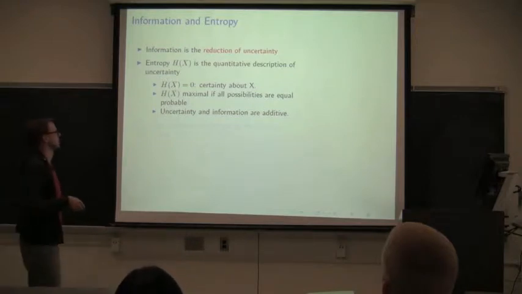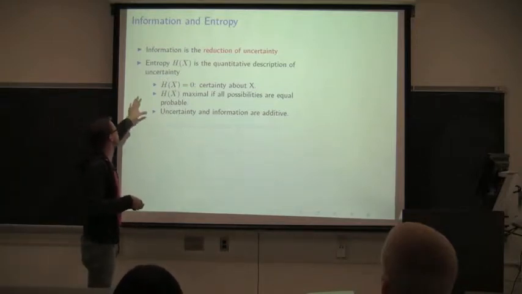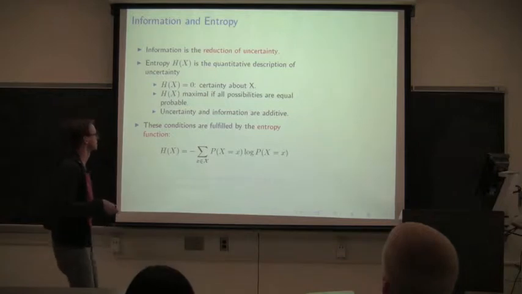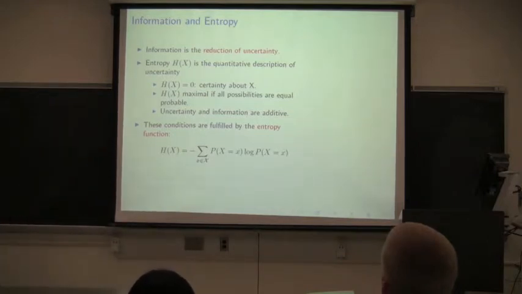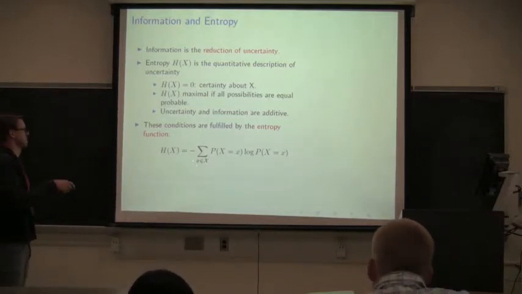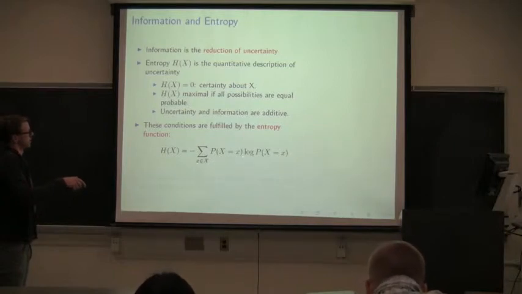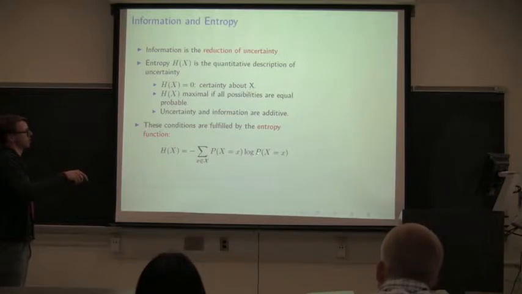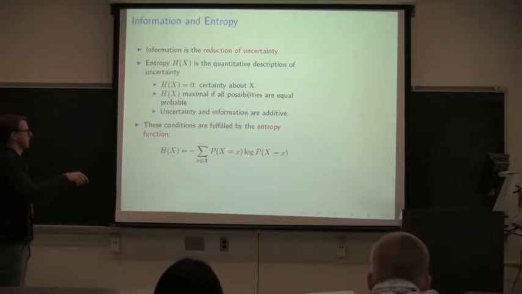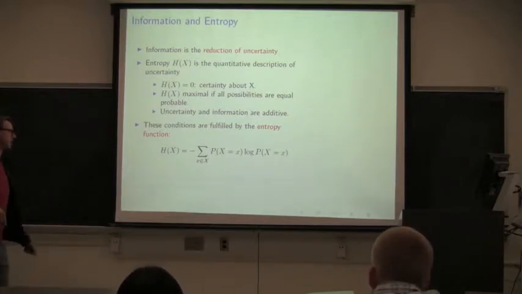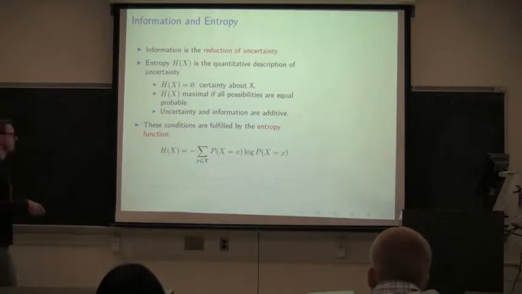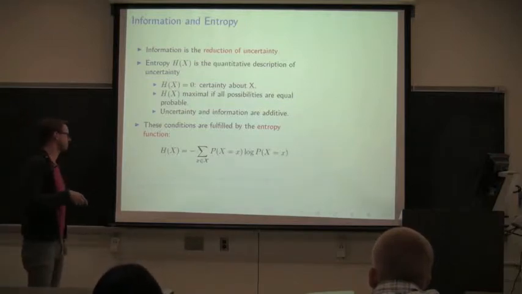This is the type of function that we're looking for, and it's the entropy function. It's the average of minus log p of x, weighted by the probability of the value of x.